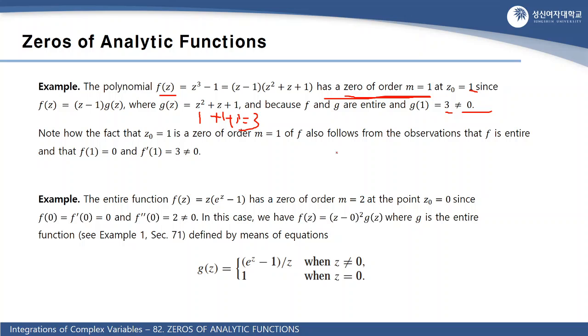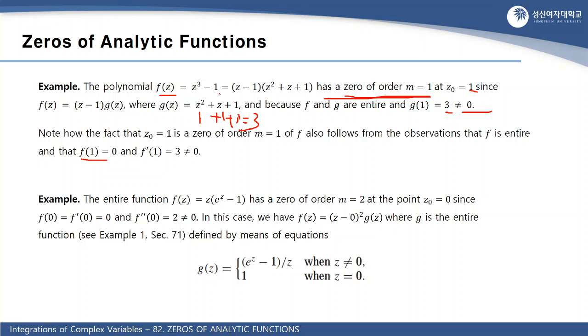Just the observations here. f is entire, so f(1) is 0, but f'(1) is not 0, which is 3.